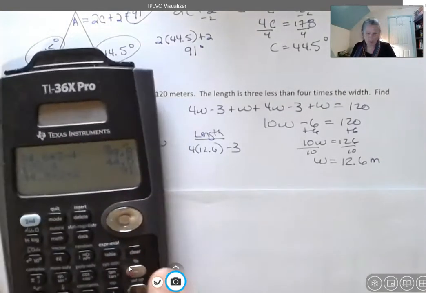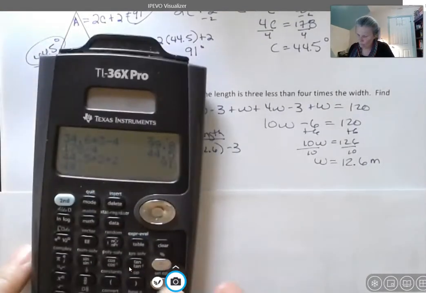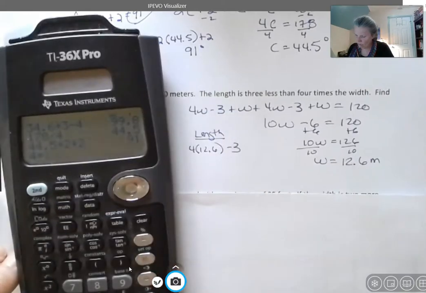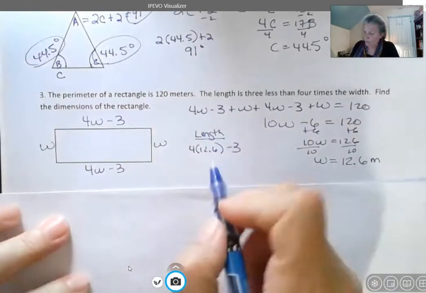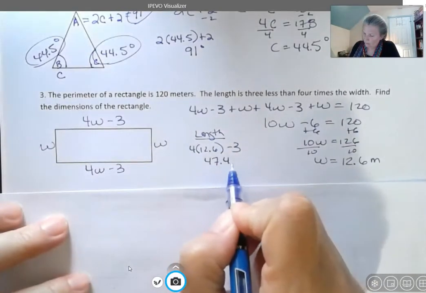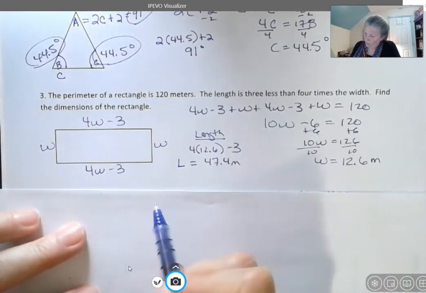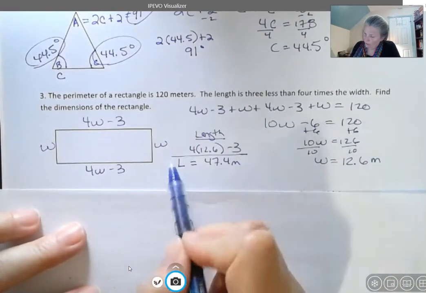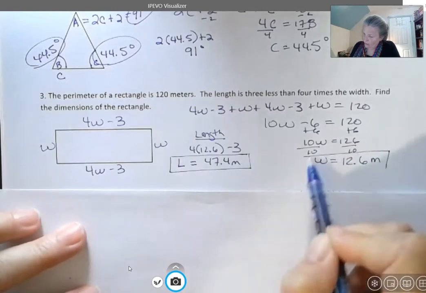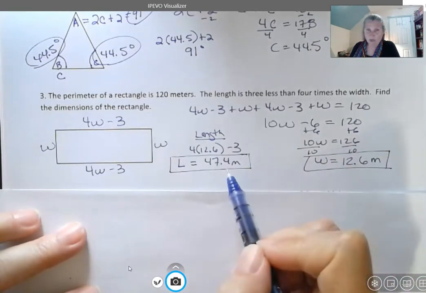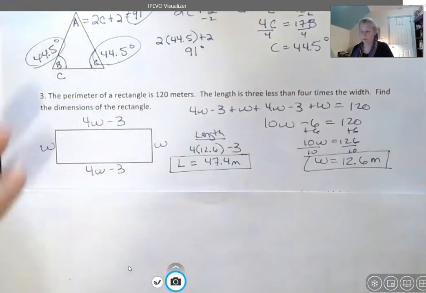Let's see. 4 times 12.6 minus 3 is 47.4 meters. So that is your length and that is your width. And if you wanted to check that, you could easily go back and add up 2 of these and 2 of those because all 4 sides make 120.